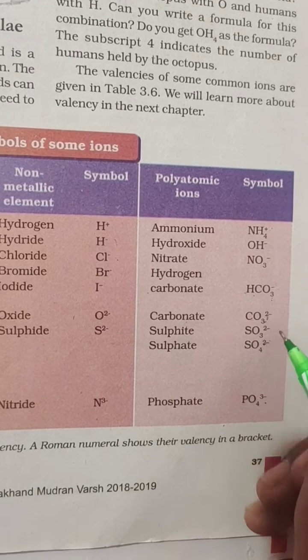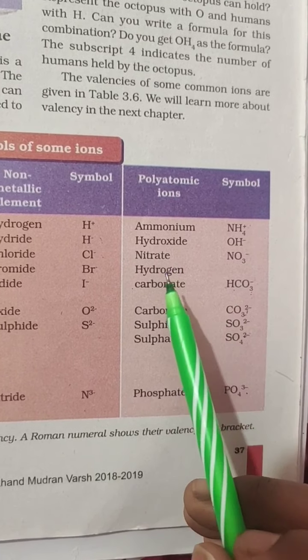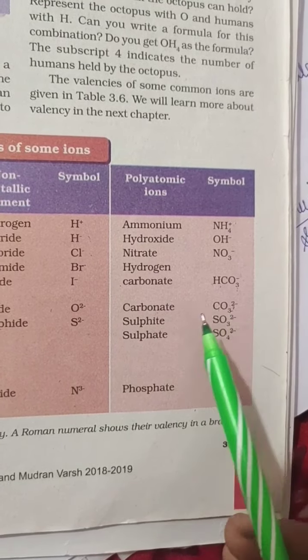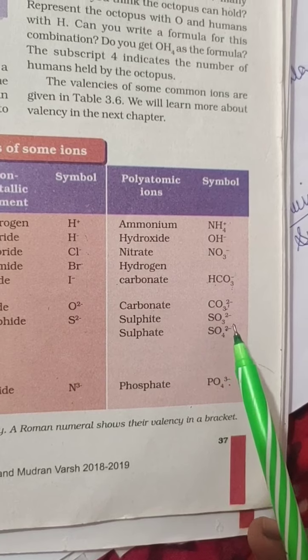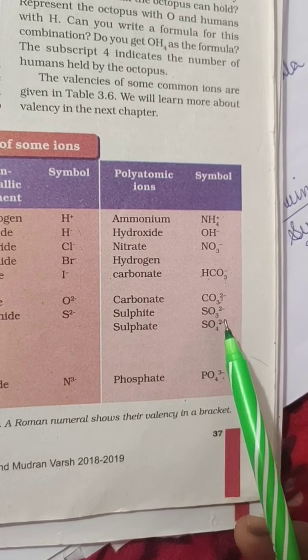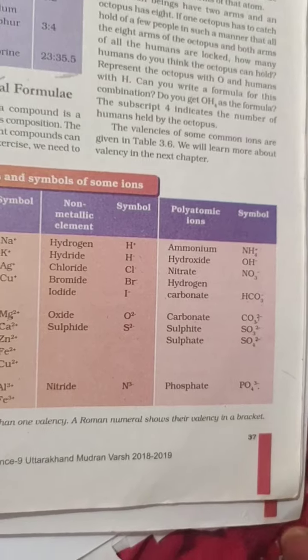Ammonium has valency 1, hydroxide has valency 1, nitrate has valency 1, hydrogen carbonate has valency 1, carbonate has valency 2, sulfite has valency 2 minus, sulfate again has valency 2. The difference between sulfite and sulfate is SO3 is sulfite, SO4 is sulfate. Okay, and phosphate has valency 3 minus. You have to learn these.